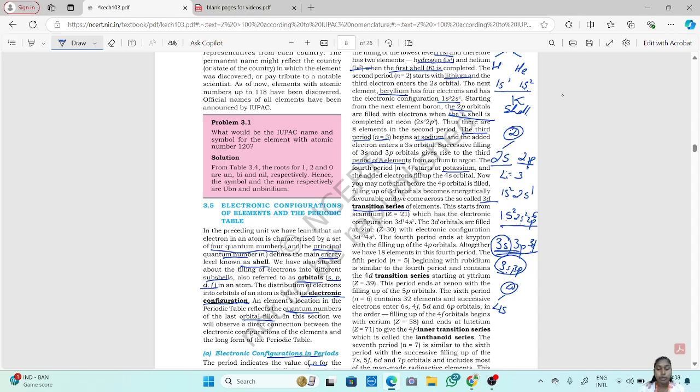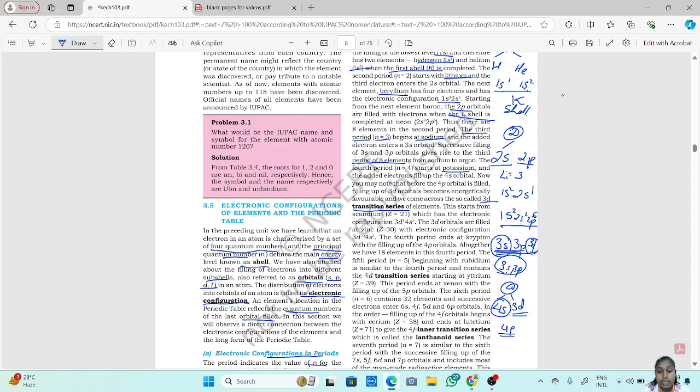Now in the fourth period there is a twist that we can see. In the third period I have told you we have 3s, 3p and 3d, but we have also observed that 3d was not being filled in the third period, but this 3d is filled in the fourth period. Once your 4s orbital is completely filled, the next electron should move into 4p, right?